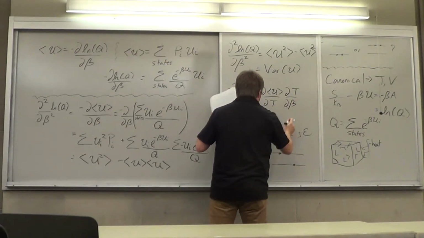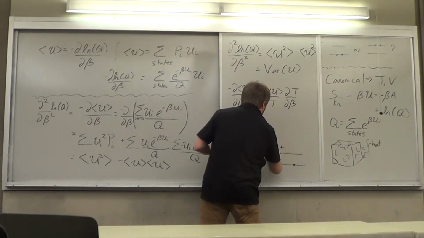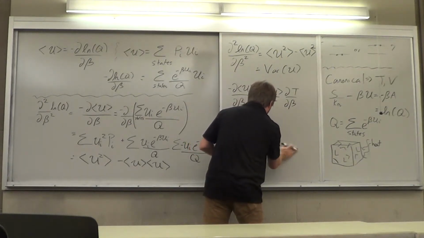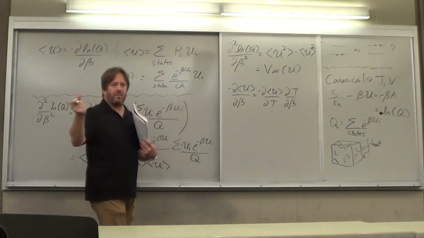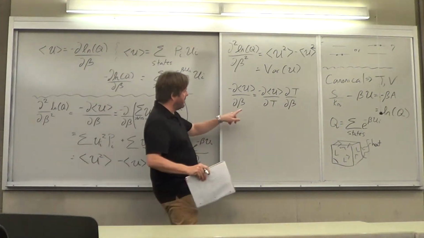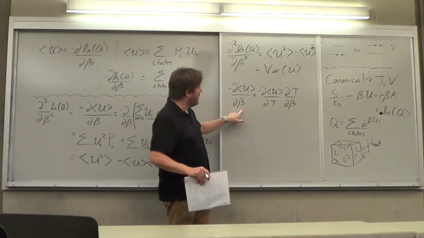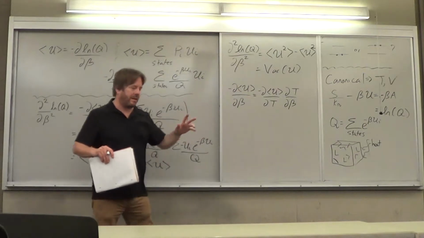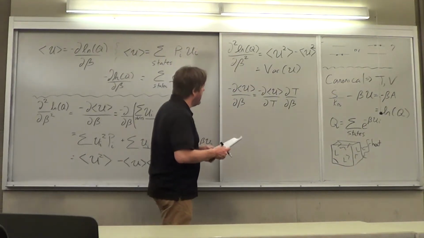What I've done is a substitution of variables in the derivative. I'll show you how to do that in case your calc might be a little rusty. Okay, so this is what this is. Because beta is 1 over temperature, I'll show you how to manipulate this into this form.